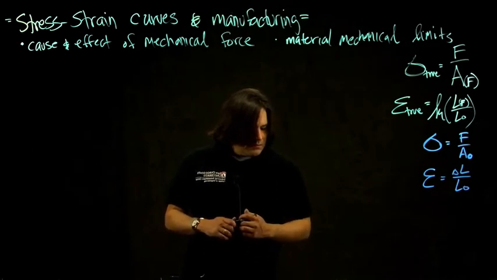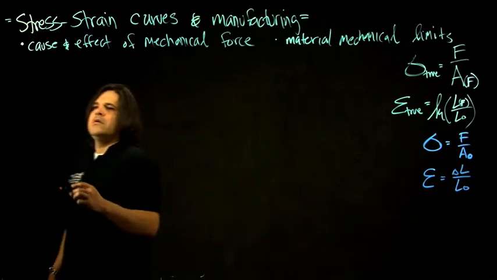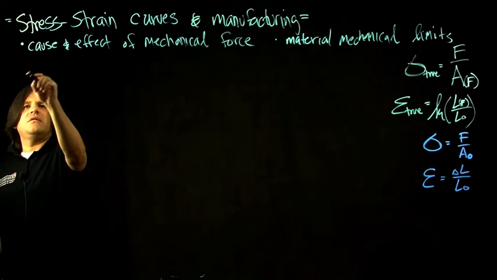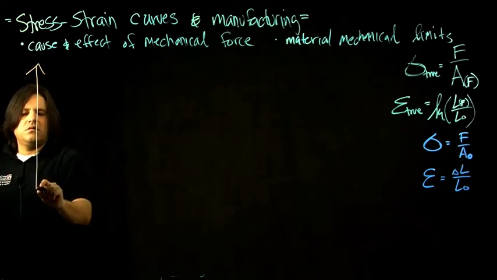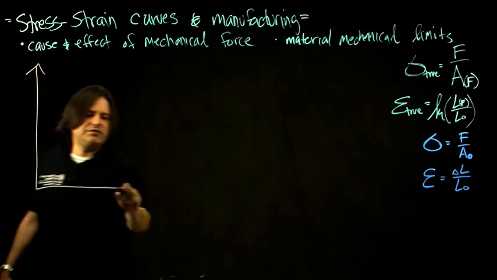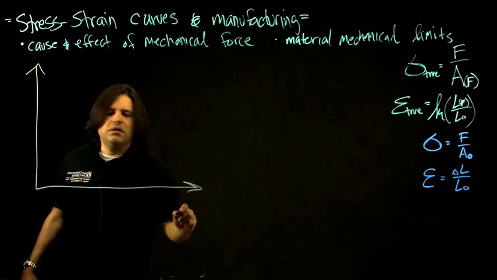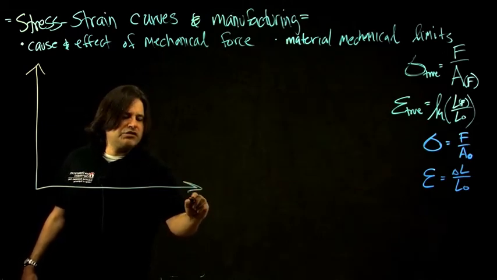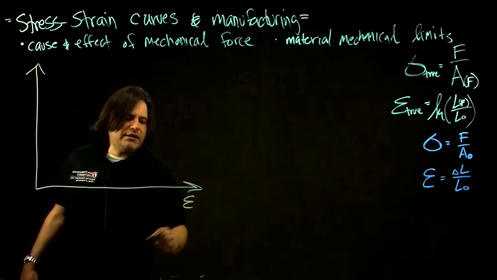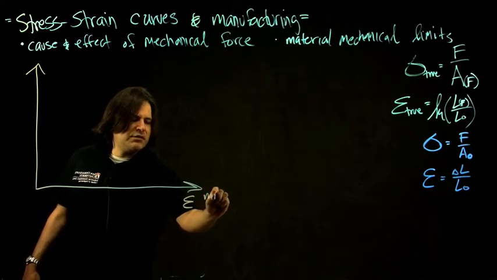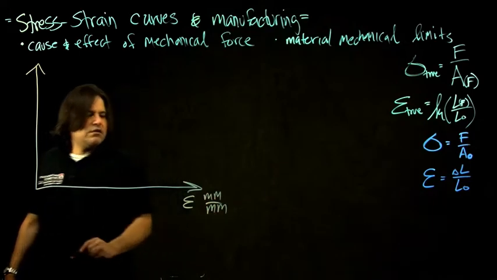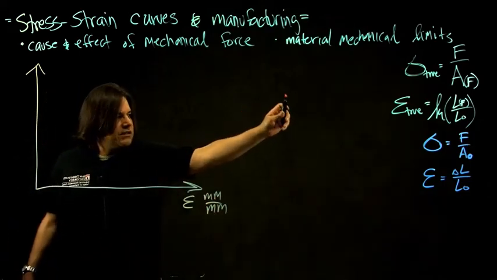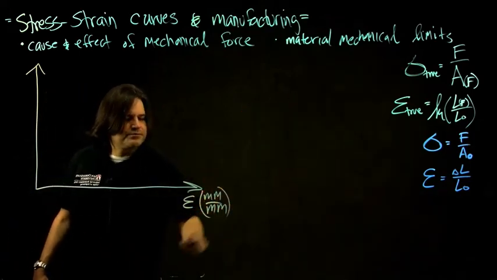Okay, so a typical stress-strain curve would have some certain common features depending on the material. So this would be the strain, which, for example, can be the millimeters of change per millimeter that you began with, or the instantaneous true values.